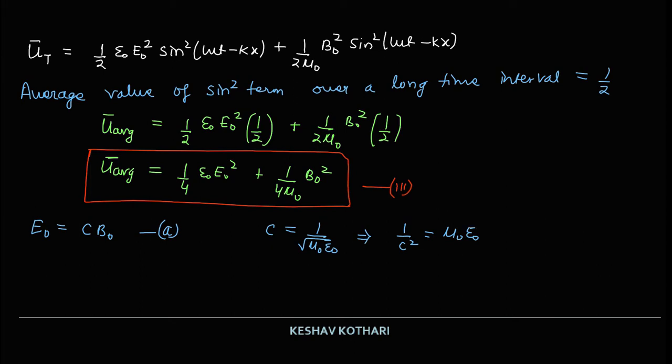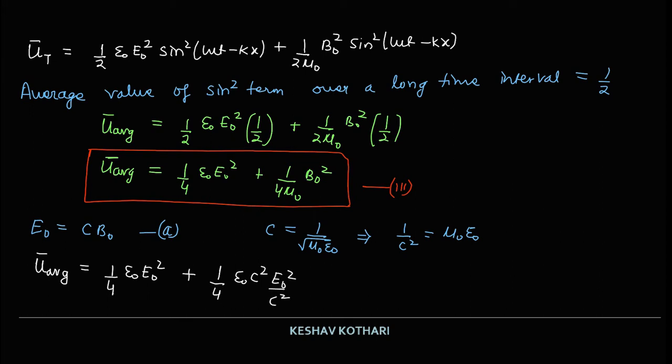So we can definitely convert the energy density in terms of magnetic field or in terms of electric field. That is, I can surely write from here the total value of U average in terms of electric field, which will be reduced to 1 by 4 times epsilon naught E naught square, plus over here I can say that 1 by mu naught can be written as epsilon naught C square, and B naught square can be written as E naught square by C square.